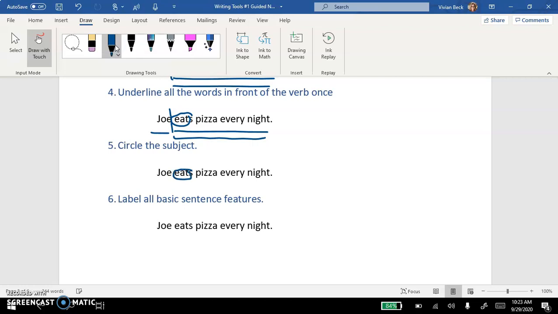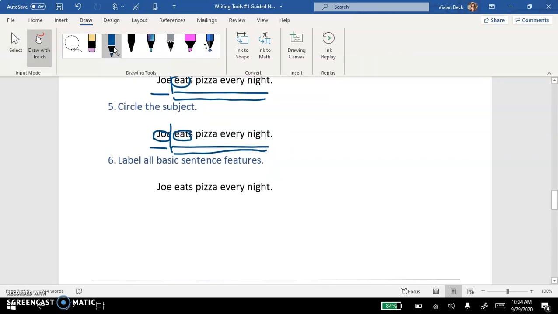Again, we circled the verb, we put a vertical line in front of it. We underlined everything twice behind that line and everything in front once. Now we have to identify the subject. Who eats? Well, that's Joe.